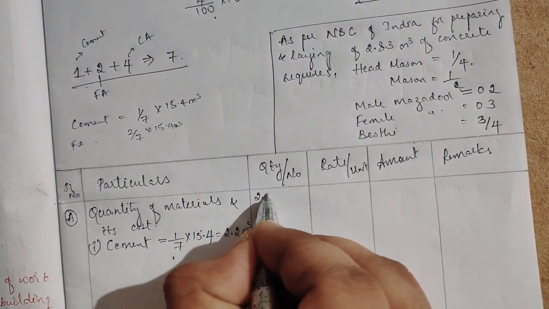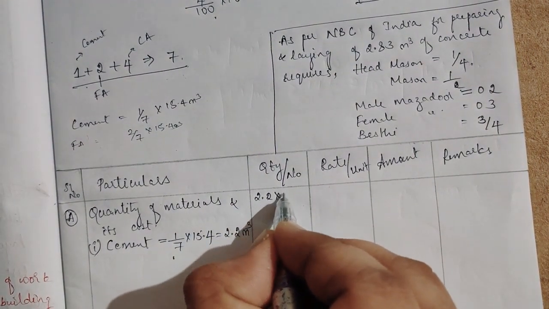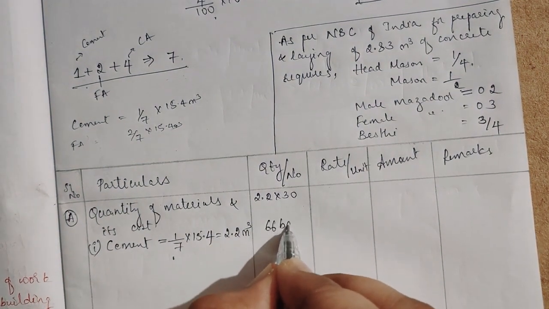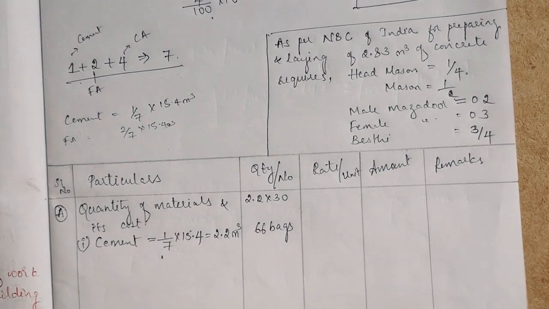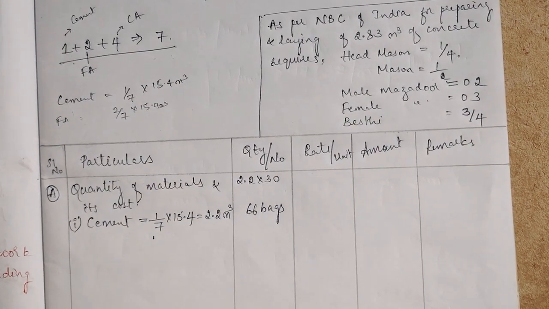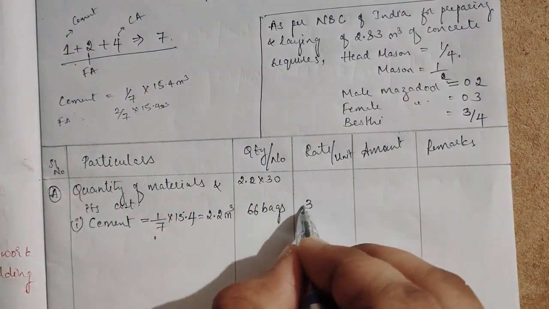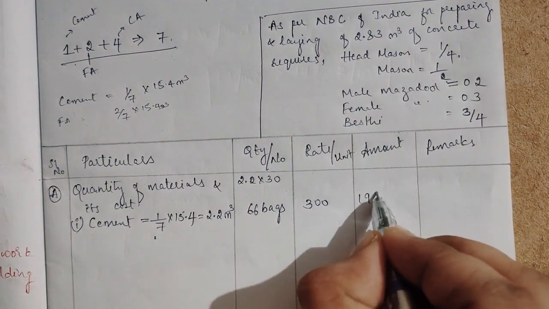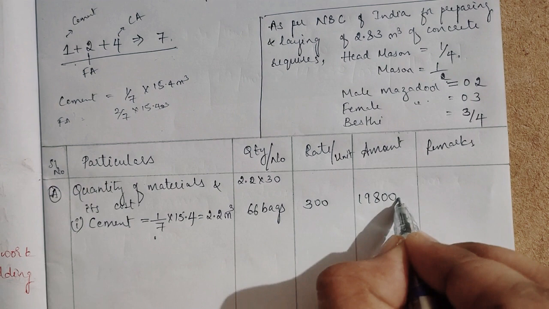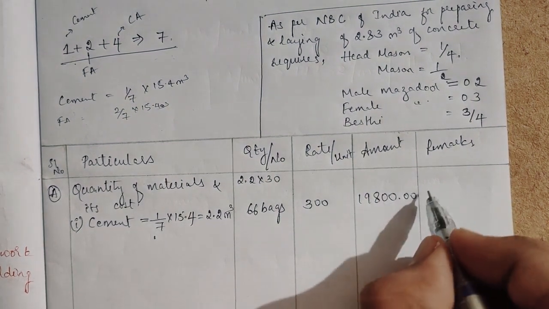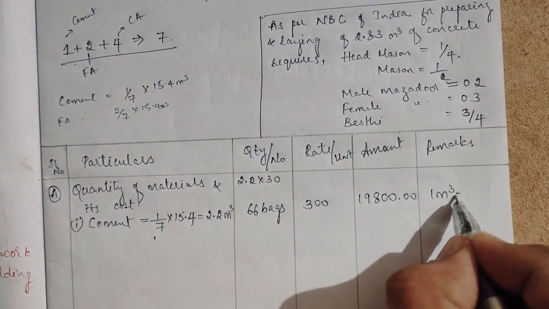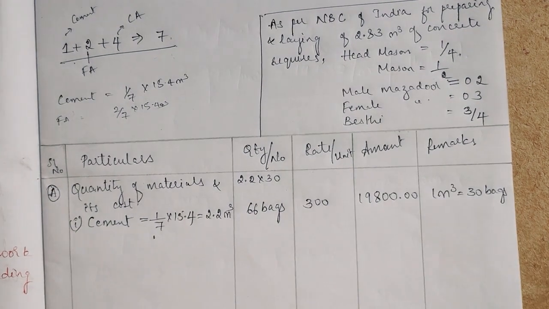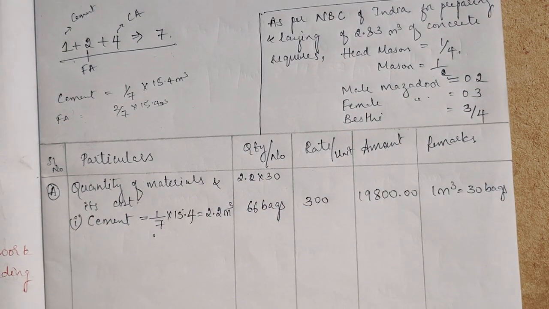Just multiply 2.2 into 30, that is 66 bags. 66 bags of cement. What is the rate? I took 300. Okay, so multiplying, 19,800 will be the amount. What is the remark? 1 meter cube is equal to 30 bags. So cement calculation is over.